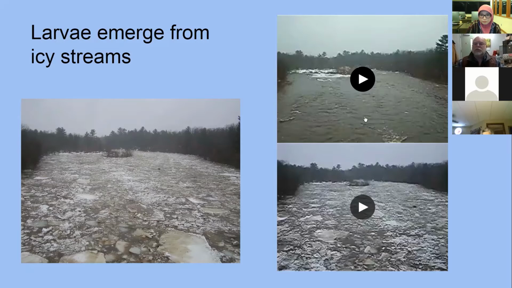Unbeknownst to us, upstream there was a big ice dam. We were working underneath the bridge. We had a bag down there with our water chemistry meter, and we're collecting stuff off the bridge abutment. And all of a sudden, we started hearing things slamming on the bridge abutments, making an awful lot of noise. We noticed that our bag with the water chemistry meter was starting to float downstream, so we grabbed that and ran up to the top of the bridge.